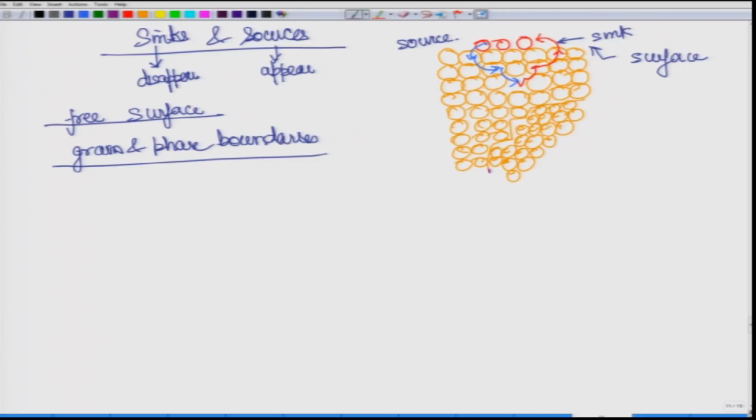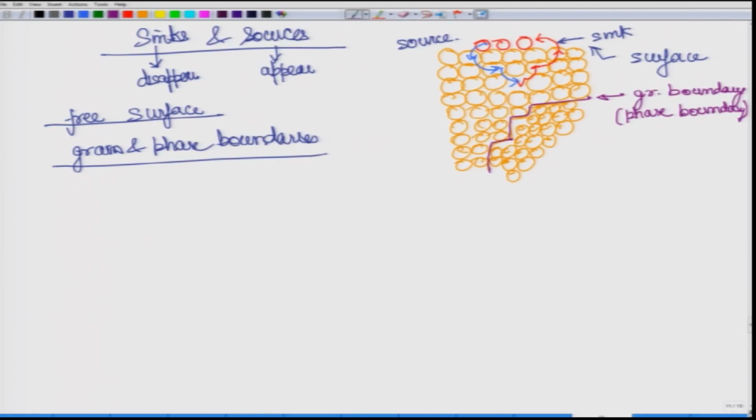So, what we have here is a grain boundary. If it were between two different phases, then in that case it would be a phase boundary. The difference between a grain boundary and a phase boundary is primarily that one is a partition between orientations of the same phase, and the other between two different phases.